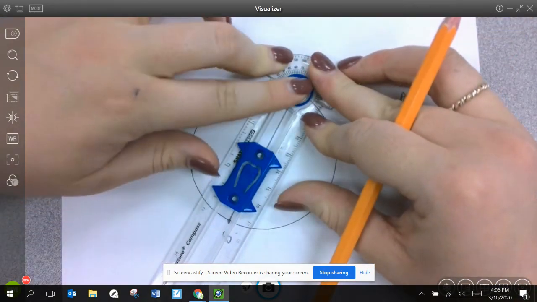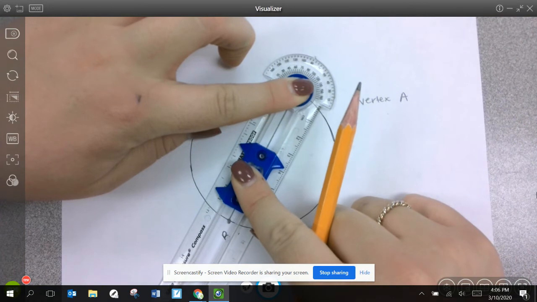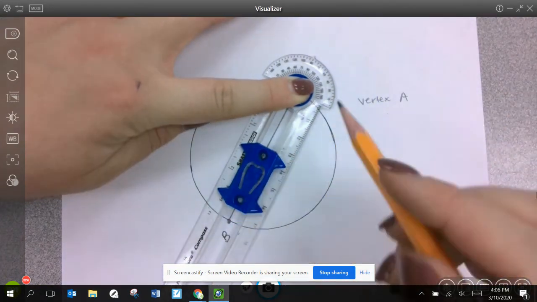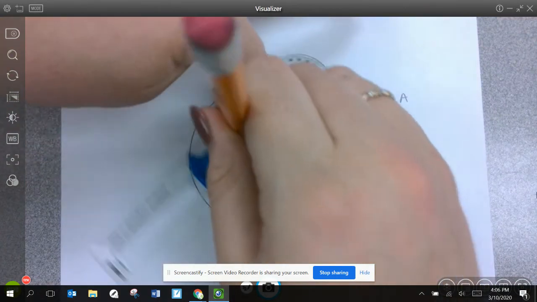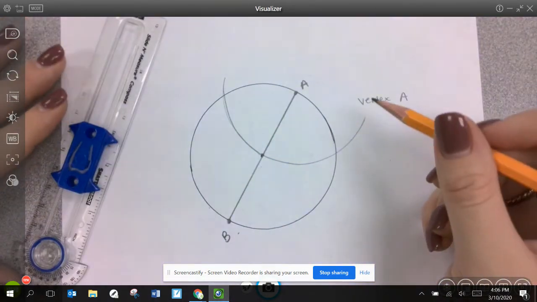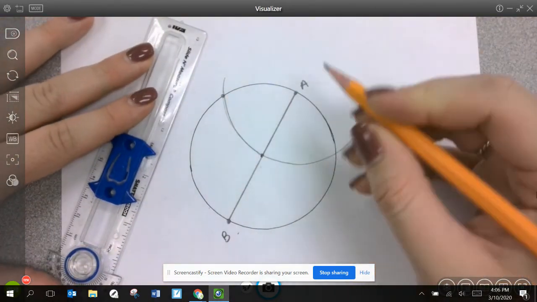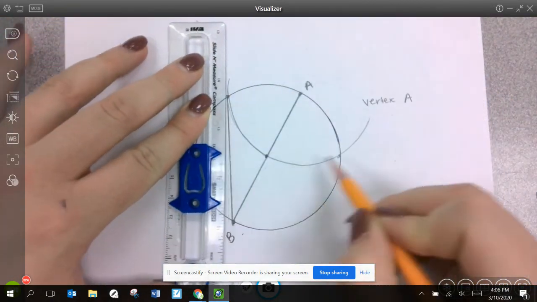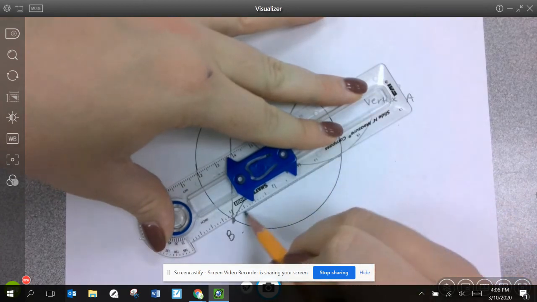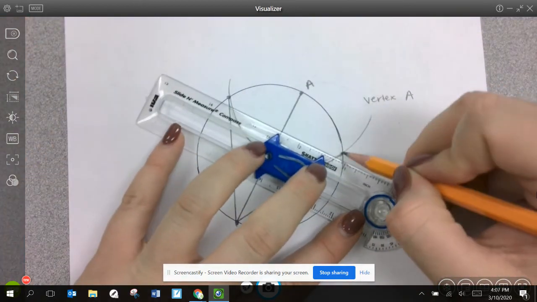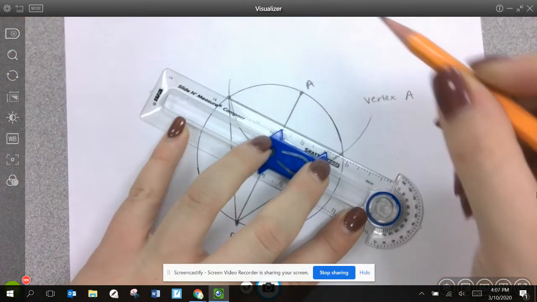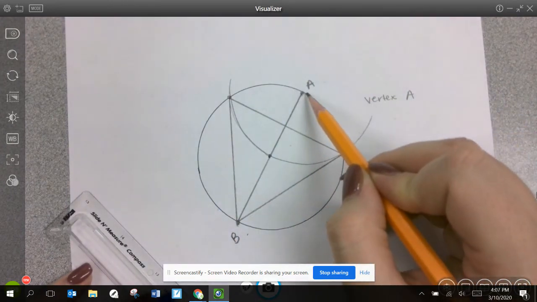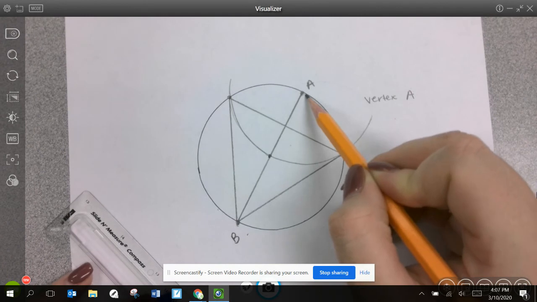So put my X marks the spot here, make sure that my radius is in the center there, and then swing an arc. The problem is, when I go to connect the points that I've just created, I'm using point B, when my question has specifically told me that A is one of the vertices for this triangle. This construction right here did not use the A as a vertex.